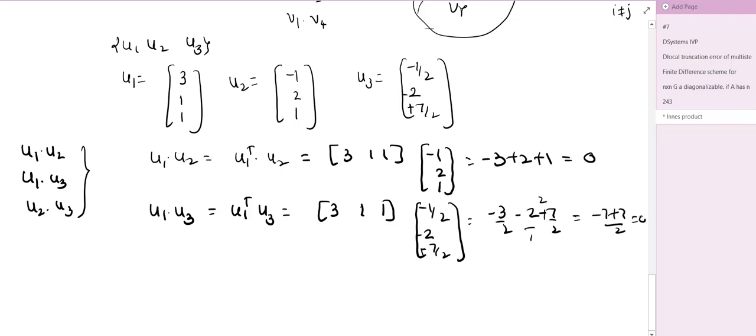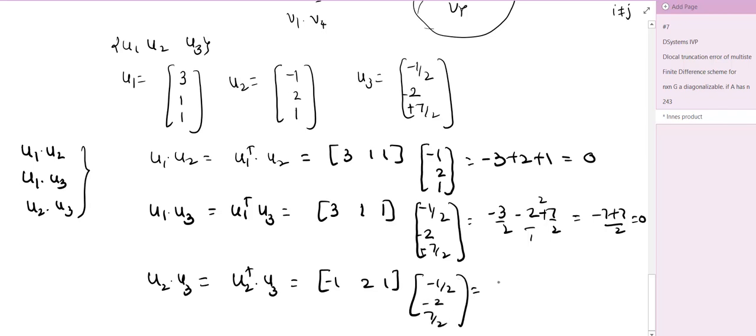Similarly, you can take u2 dot u3. u2 dot u3 will be u2 transpose into u3. So here it is (-1, 2, 1) and (-1/2, -2, 7/2). This is 1/2 minus 2 plus 7/2. Again, here you can take 2 as the LCM.